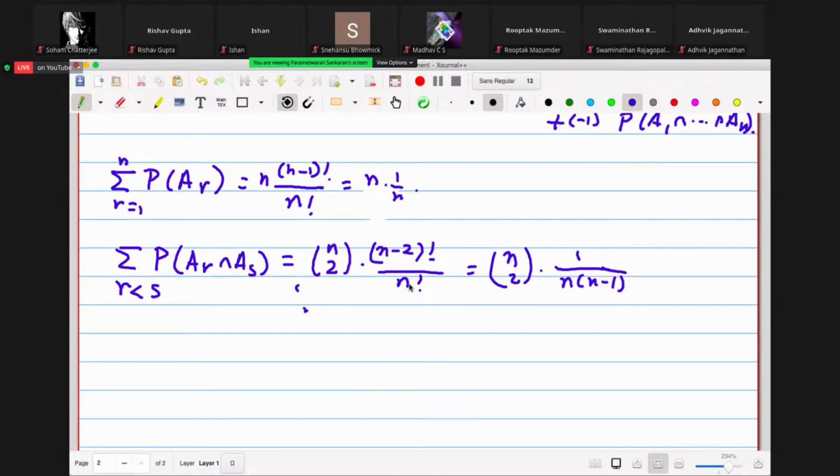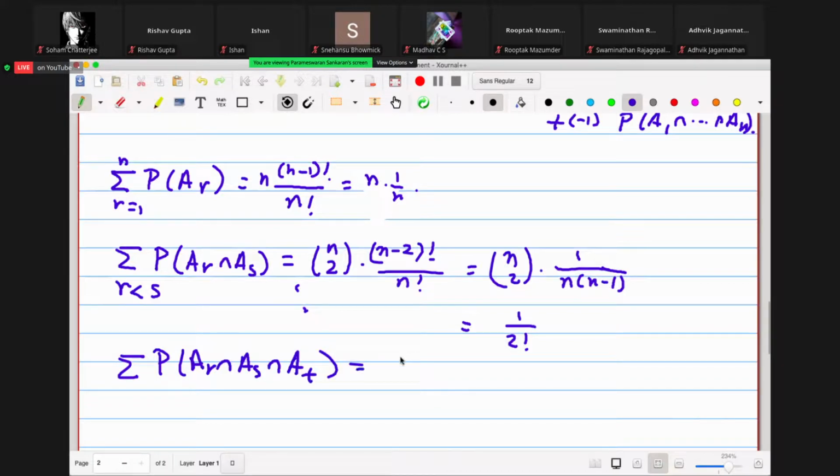You can simplify this slightly. So this is 1 by 2 factorial: n times n minus 1 by 1 into 2. So let's just do it for one more term, P of AR intersection AS intersection AT.